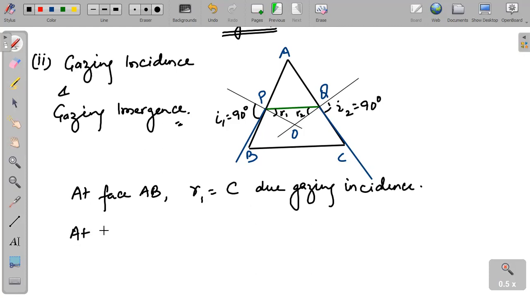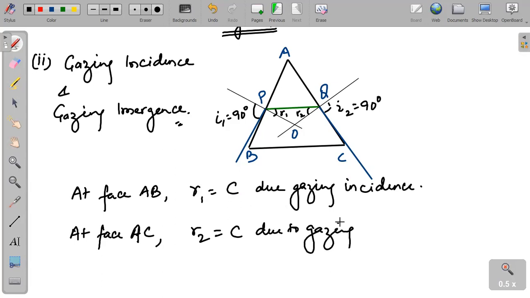Similarly, at face 2, that is AC, R2 will be equal to C due to grazing emergence. Is that okay?